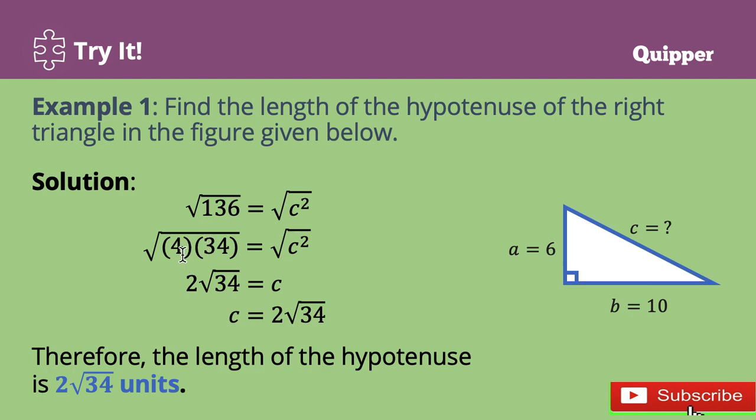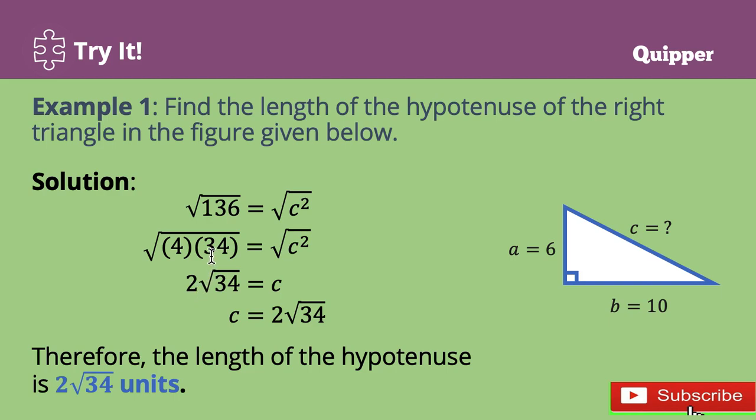And that's the purpose. We need to have one perfect number. So 4 here is a perfect number. Of course, we can get the square root of that, which is 2. So square root of 4 is 2. So we'll take out 2 because that's already a whole number.